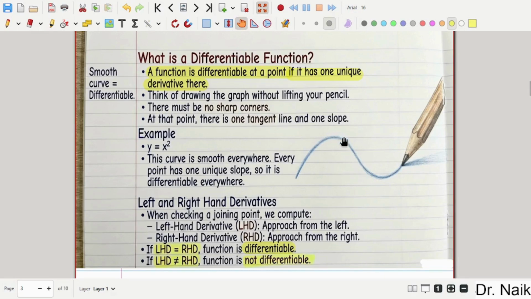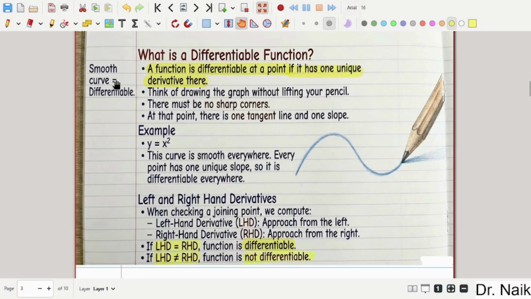At that point, there is one tangent line and one slope. For example, y is equal to x square. This curve is smooth everywhere. Every point has one unique slope, so it is differentiable everywhere. So remember that a smooth curve is differentiable.